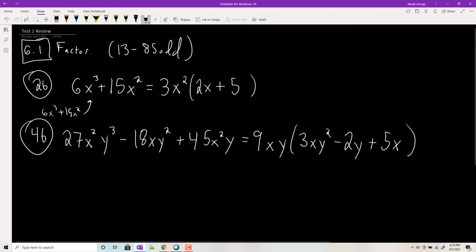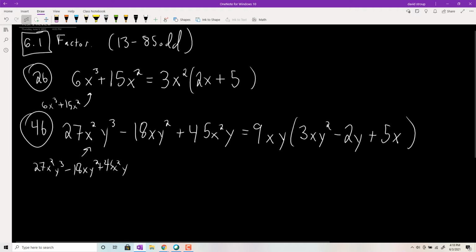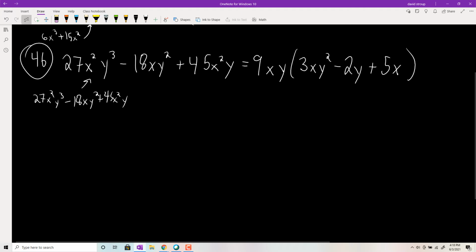Okay, and I'm going to check it over here: 27x squared y cubed minus 18xy squared plus 45x squared y. Did it work? Yeah. Okay, let's try another.